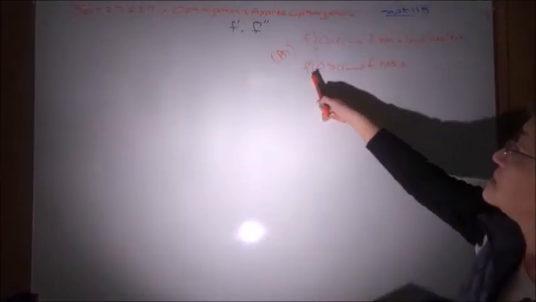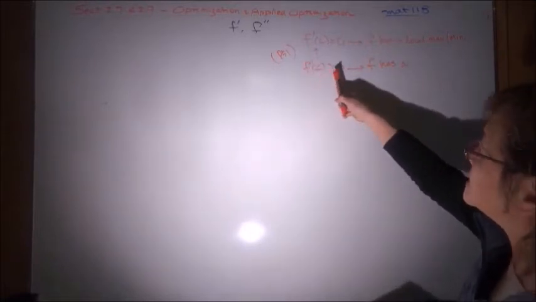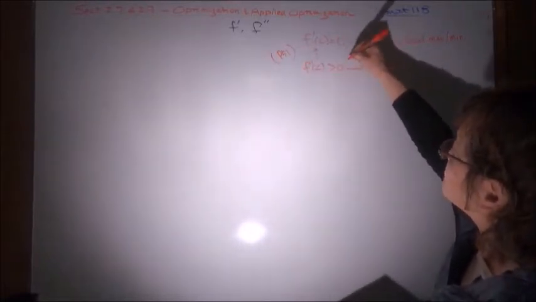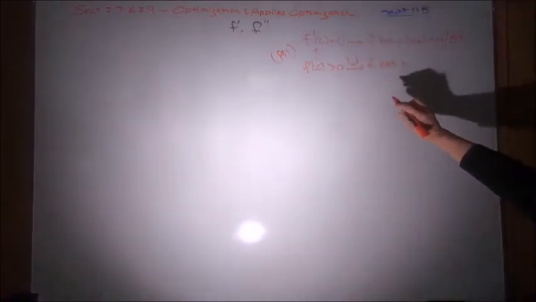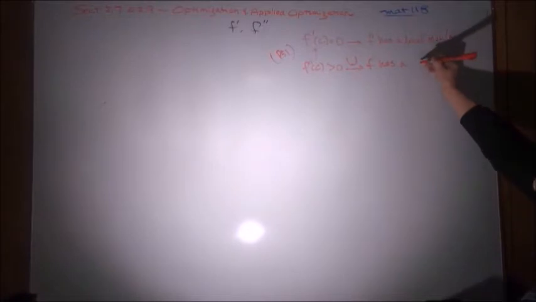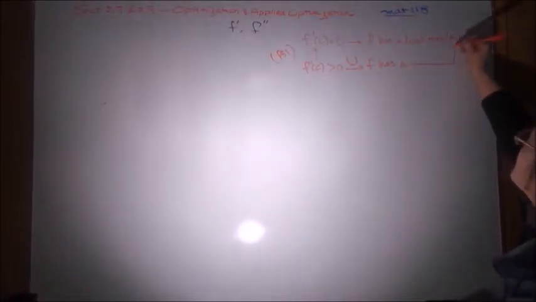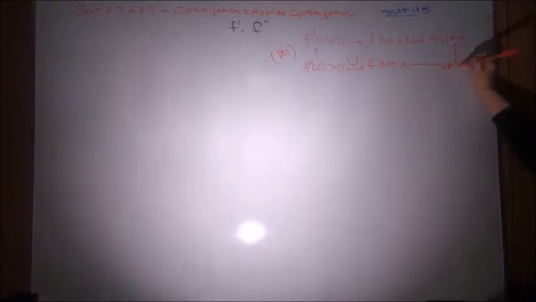If f prime prime at c is bigger than 0, it means concave up. If it's concave up, then it has a minimum at that year c.